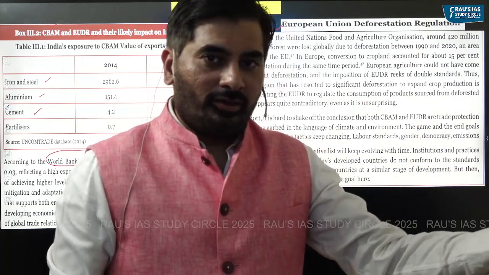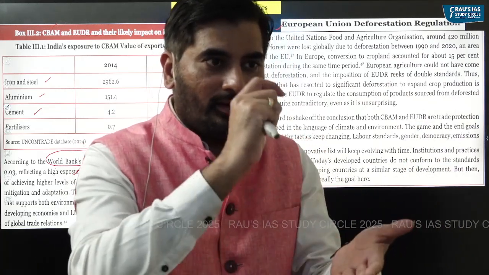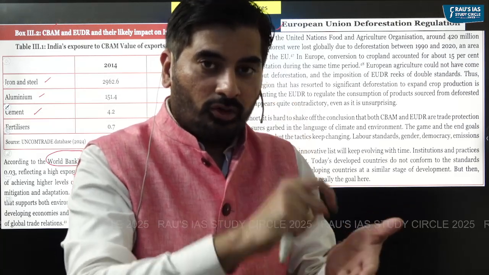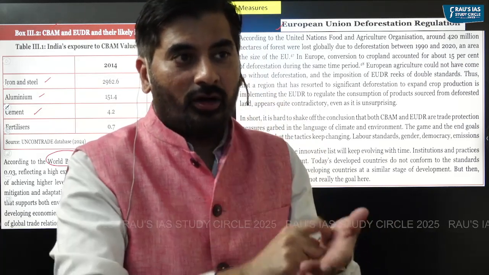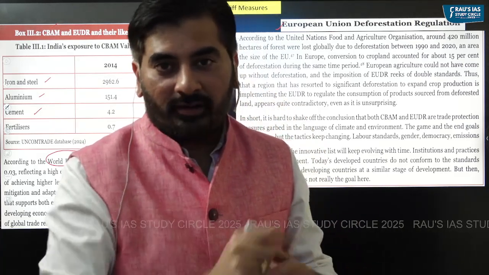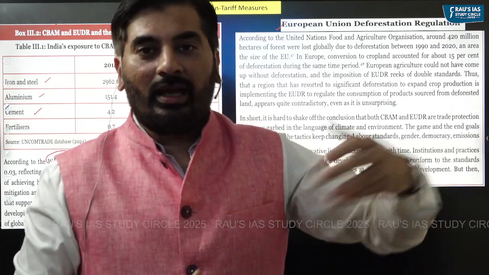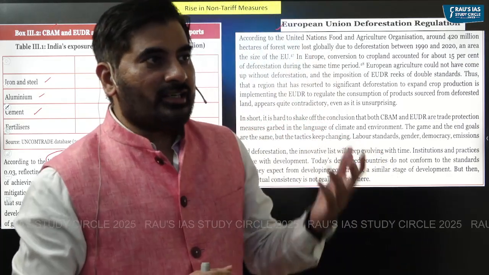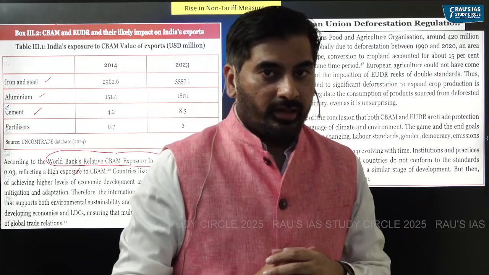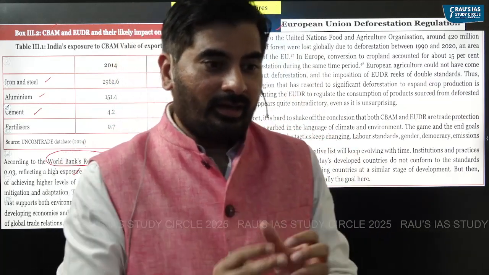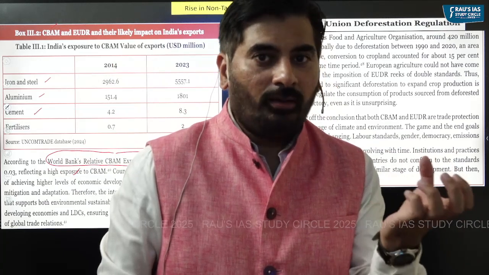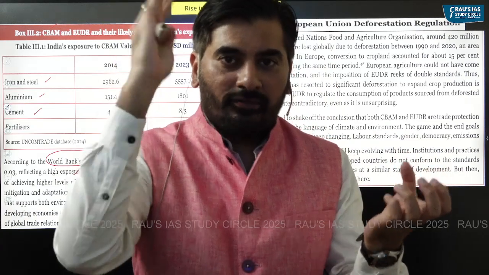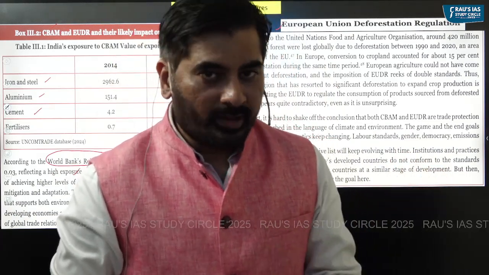While exporting furniture, we have to provide a certificate that the wood used to manufacture that particular furniture was not procured from forest. It was not procured after cutting down trees in the forest. This is a kind of certificate that we have to give to the European Union. In the same way, if we are exporting rice to the European Union, we have to provide a certificate saying that the rice so produced was not produced after cutting down forest.